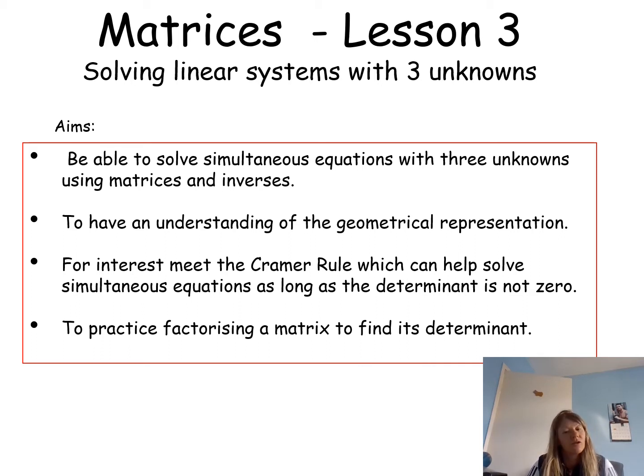For interest, we're going to meet Cramer's rule, which can help solve any number of simultaneous equations, as long as the determinant isn't 0. We'll get to that in a bit. And we're going to practice factorising a matrix and find its determinant. We've done a bit of that already, but we might do more soon.